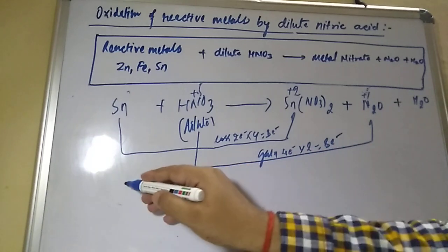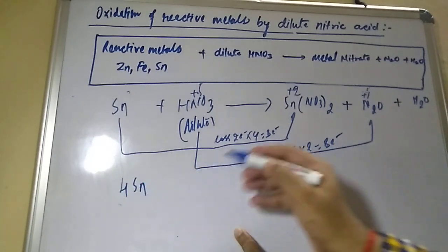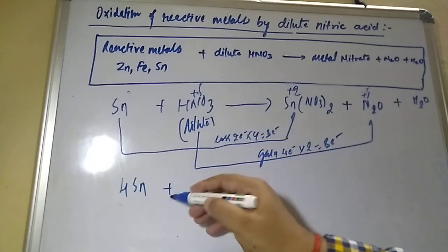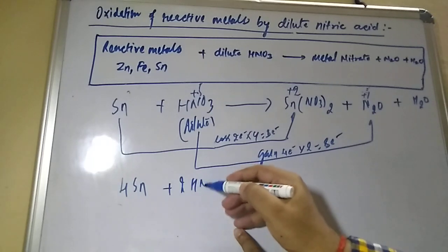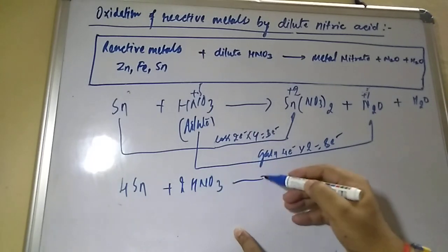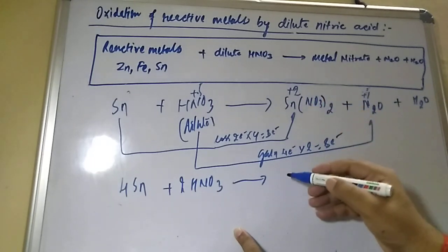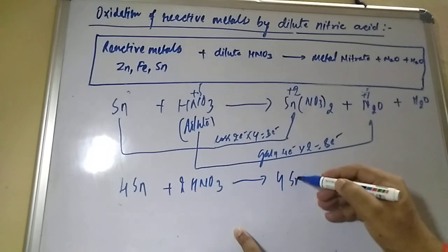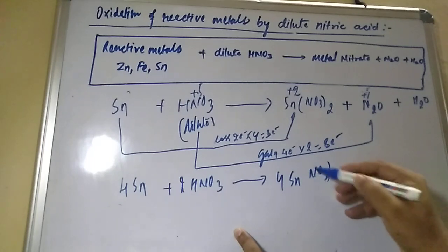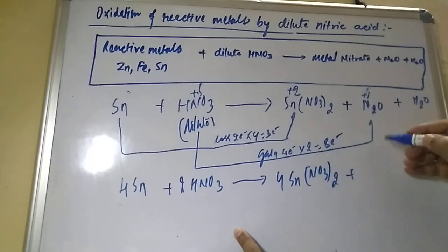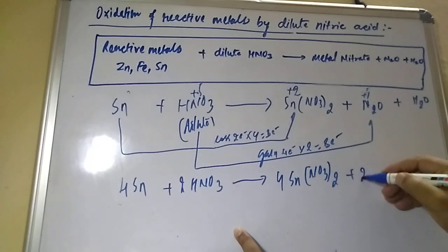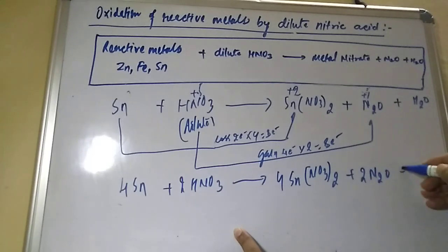Now you will get 4 Sn plus 2 HNO3, giving 4 Sn(NO3)2, along with 2 N2O, plus water molecule.